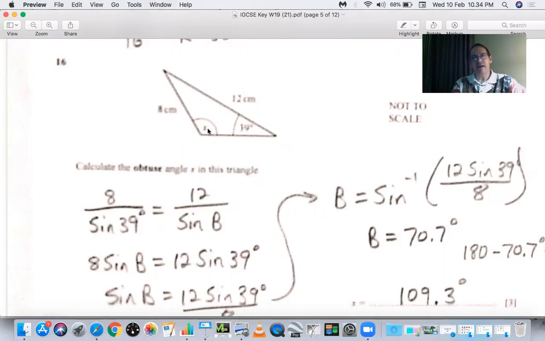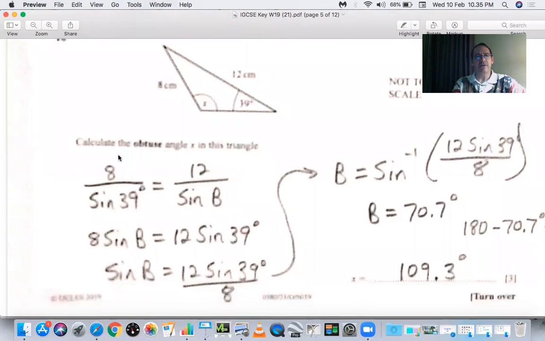If you do not have a pair, that is, there's no side with its corresponding angle, then you would use the law of cosines. So since we have a pair, we can use the law of sines. So 8 over sine of 39 equals 12 over sine B. I just called it sine B, but it's actually this x here.